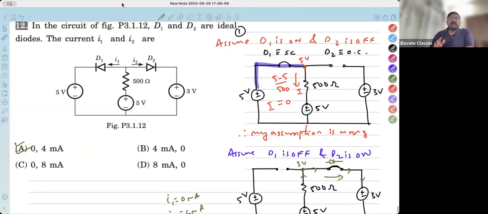Diodes is where students usually struggle, so that's why I'm taking more questions on diodes. You don't have to think a lot. Just go through your short notes. I hope all of you have prepared your short notes by now. Just go through the diode models. What will you do in a PN junction diode, in a Zener diode, in clippers and clampers. You solve it with a cool head, you'll be able to do it.